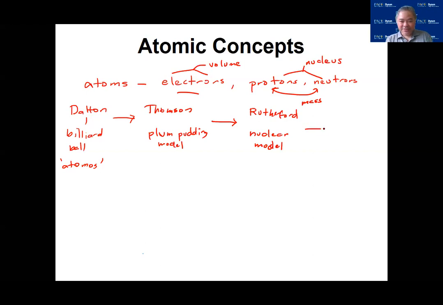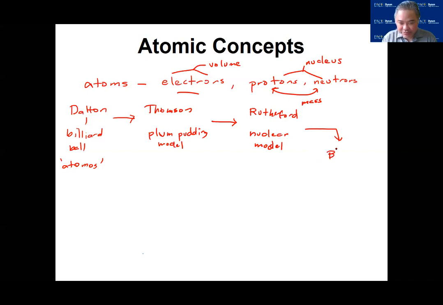But the nuclear model is still not useful because it cannot explain the line spectra. Okay, it cannot be explained by the classical physics that they have before, why the nucleus is stable.